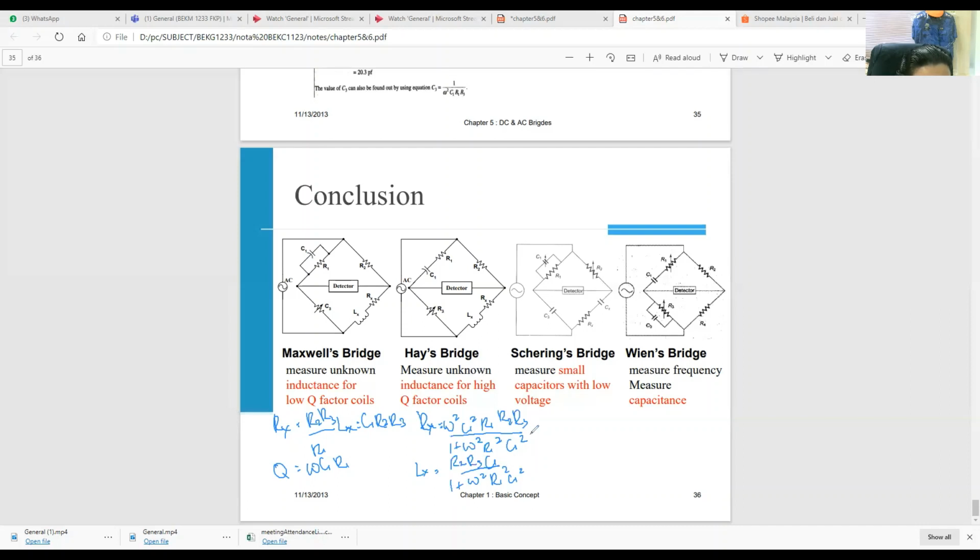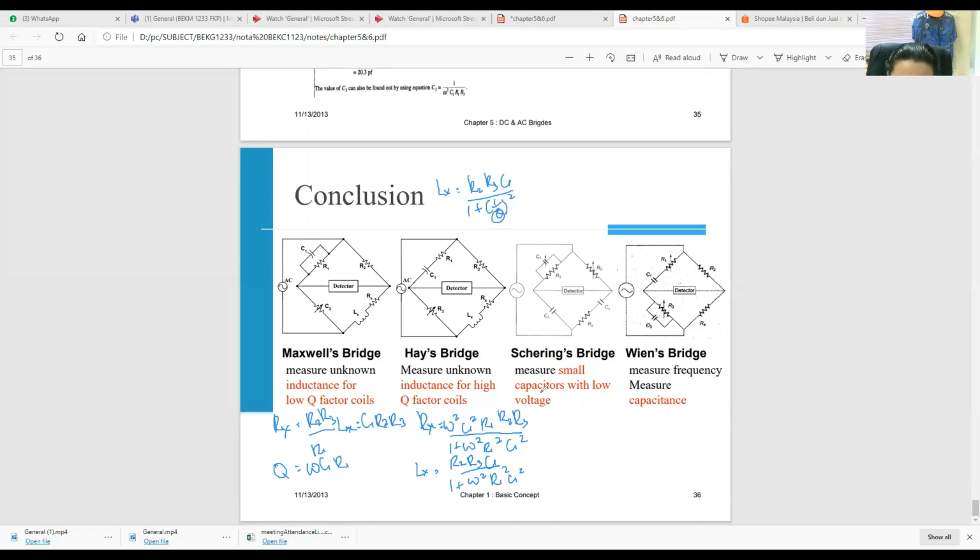From this we can also calculate the Q. Lx equals R2 R3 C1 divided by 1 plus 1 over Q squared, so from this you can calculate the Q for the Hay bridge.